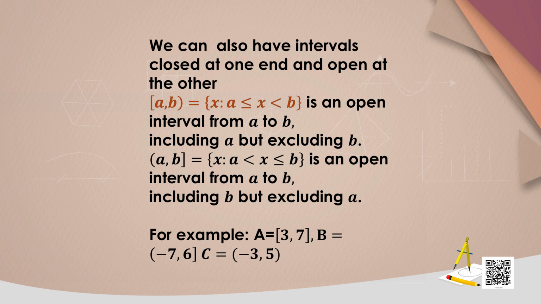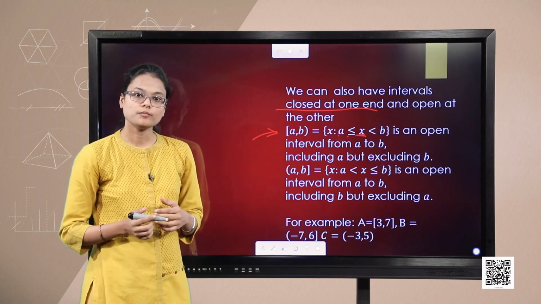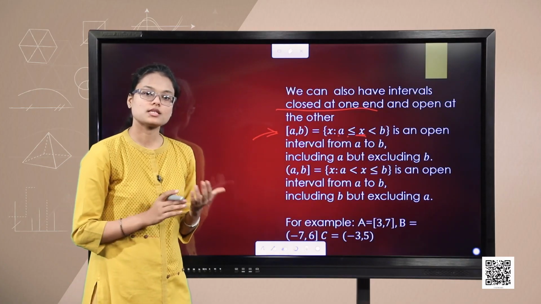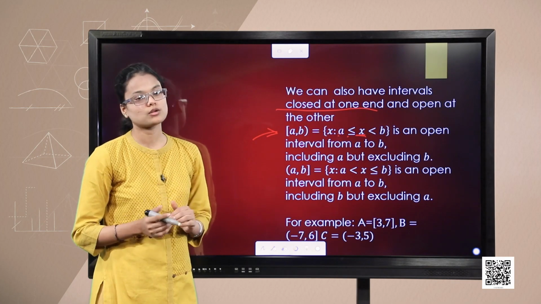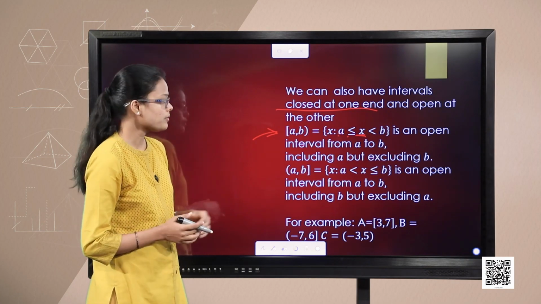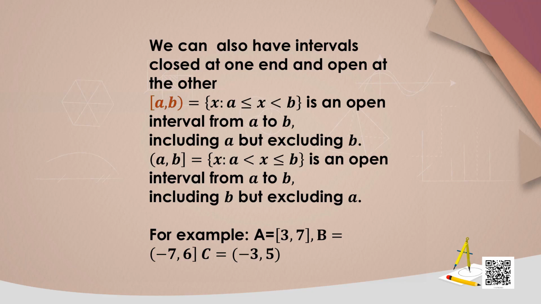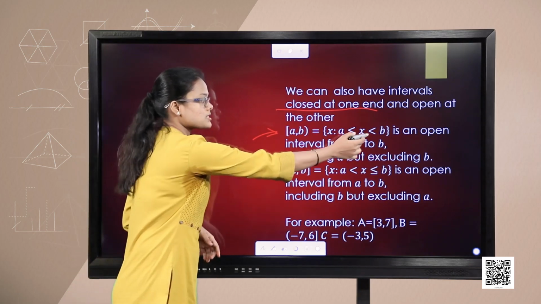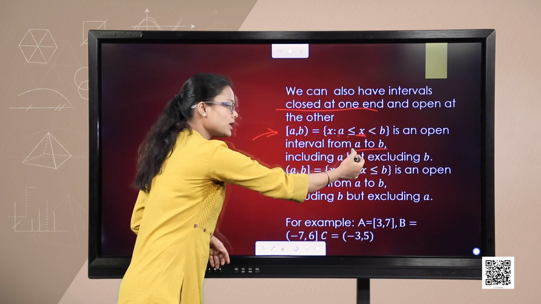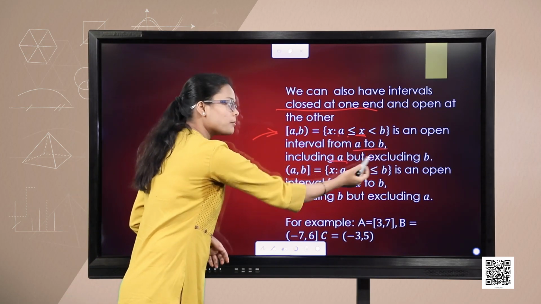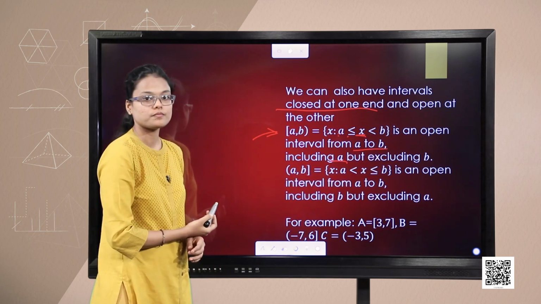So, it is the collection of all those real numbers. This interval is said to be semi-open and semi-closed, where it is closed on the left but open on the right. It goes from a to b, including a but excluding b.